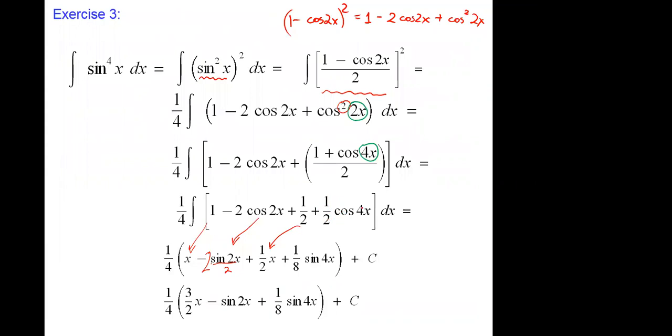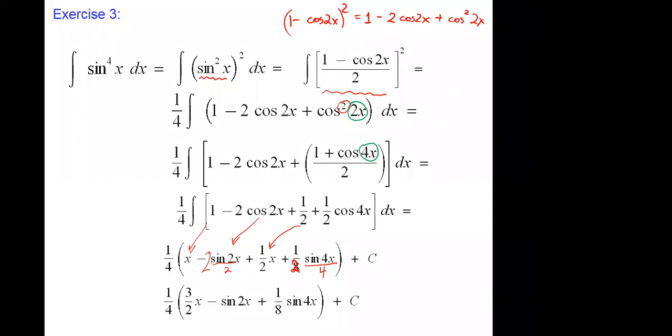Integral of cosine of 4x is sine of 4x over 4 and times half. And of course, half times 1/4 is 1/8. Okay, and 1x and half x is 3/2 x. But the point is to apply the half-angle formula. The rest of them, you know how to do it.